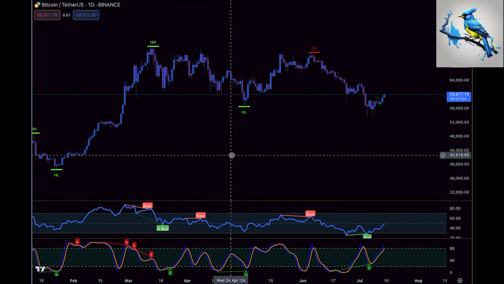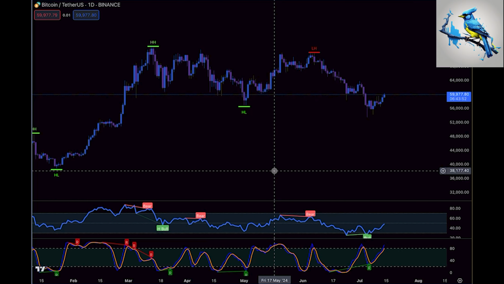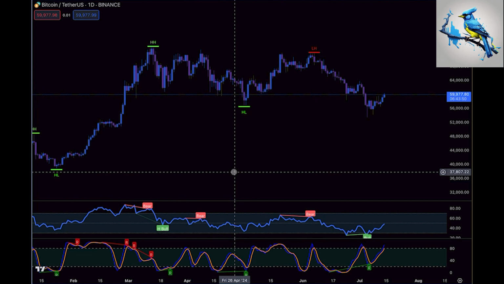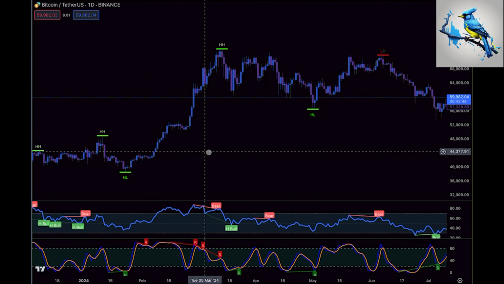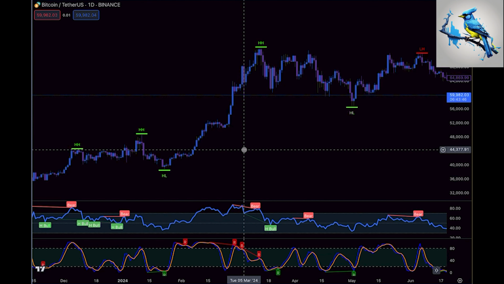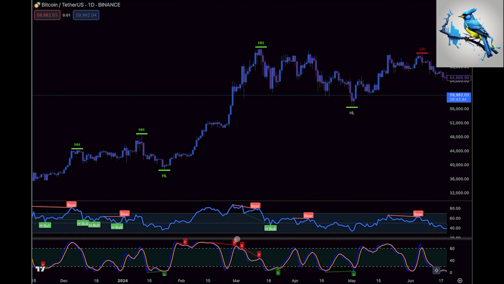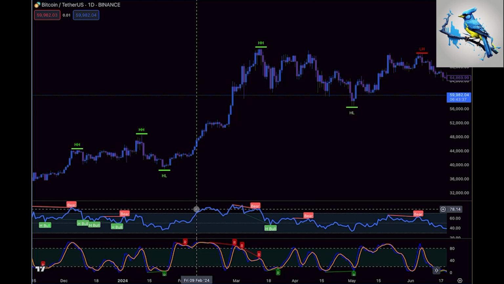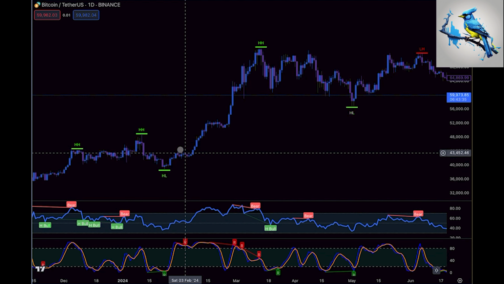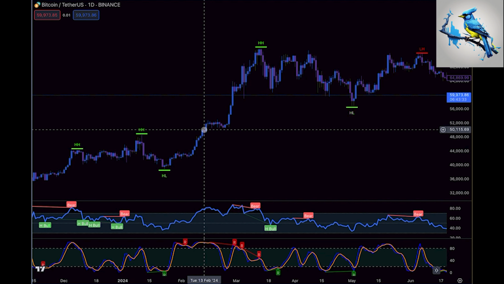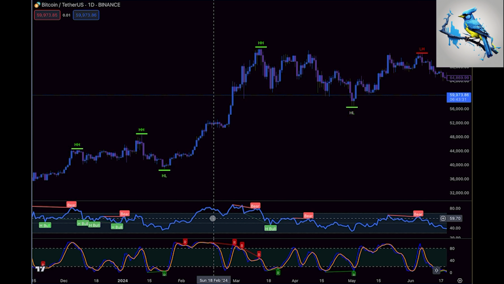Let's talk about when an asset becomes extremely overbought or extremely oversold. Now, a lot of things traders get wrong with the RSI is they simply think that just because we enter an overbought territory, that they should short it. And without confluence of being up against a very strong resistance level, this will get you absolutely wrecked.